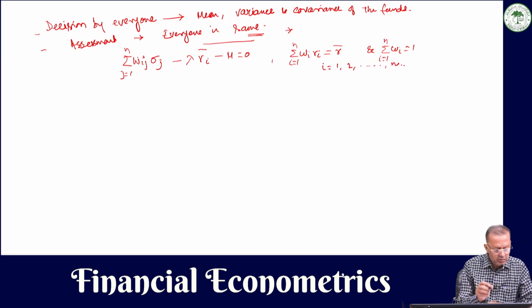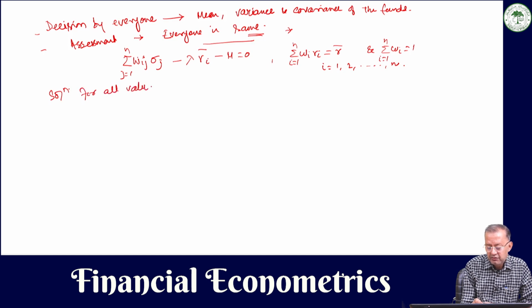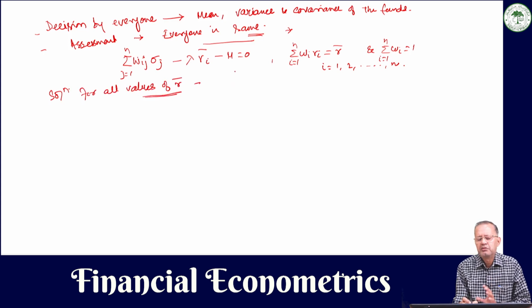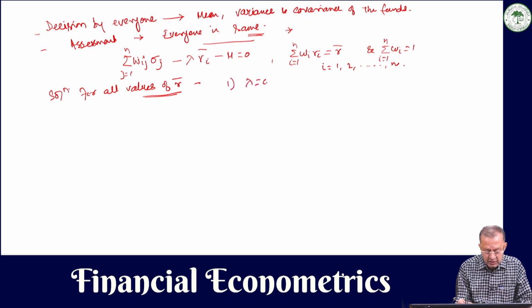Now we try to find a solution for all values of r bar. We take two extreme cases. Number one, when lambda is equal to 0 and mu is equal to 1.